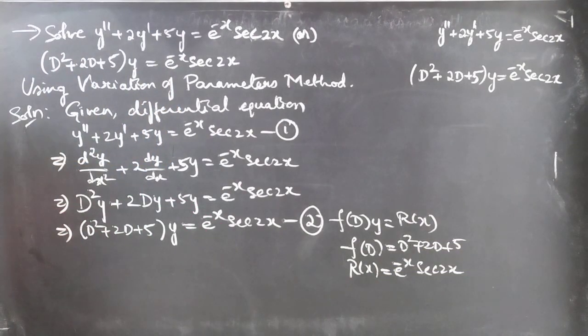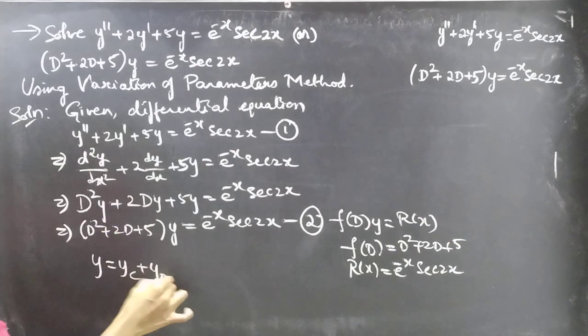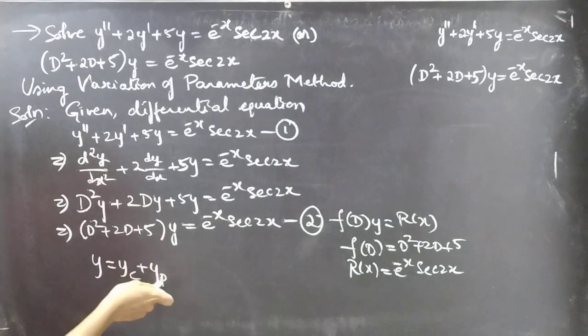Now we'll find the solution to our problem using the general solution given by y equal to yc plus yp, where yc is the complementary function and yp is the particular integral. We'll find yc using the auxiliary equation, and later using yc, we'll find yp.